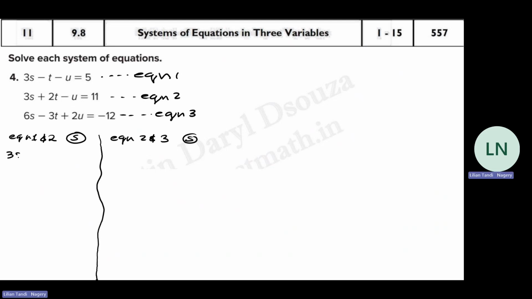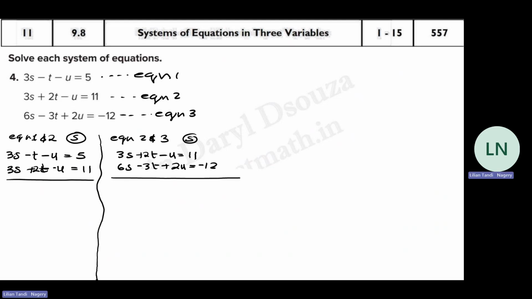So you have 3S minus T minus U equals 5. You have 3S plus 2T minus U equals 11. Here you have 3S plus 2T minus U equals 11, and 6S minus 3T plus 2U equals negative 12.